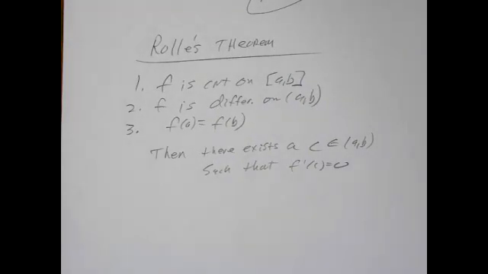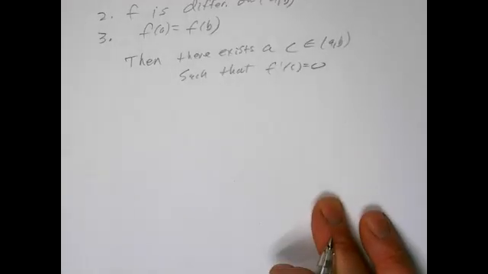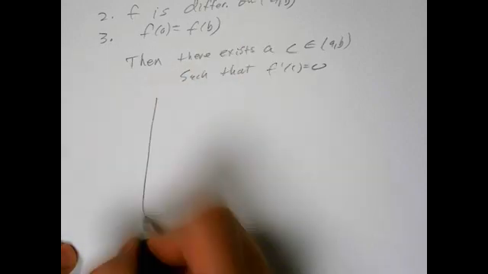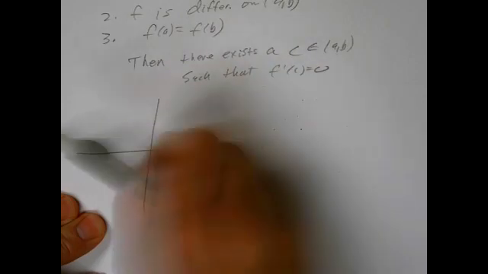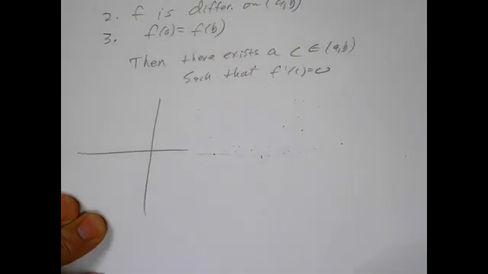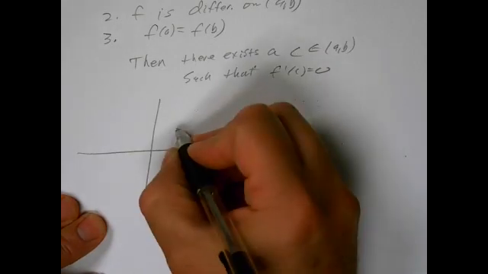Now, Rolle's isn't really difficult to draw a picture if you want to talk about what's happening. As a matter of fact, there's only a handful of things that could be happening for you to apply Rolle's theorem.